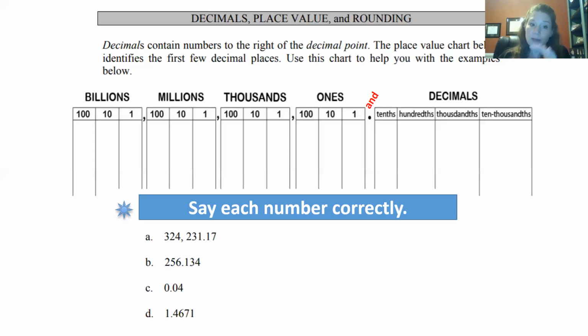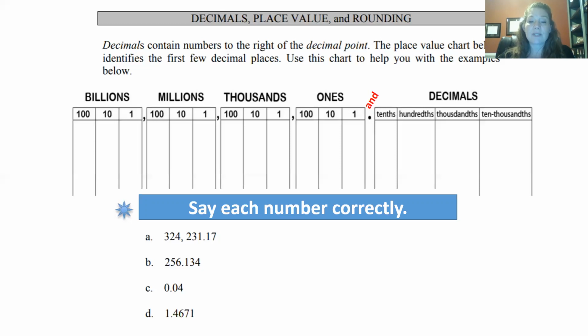I was getting a little ahead of myself, because the next part of the exercise wants us to say the whole number correctly. So letter A, first of all, the 7 is in the hundredths place. So the last thing out of my mouth has to be the word hundredths. So now I'm going to say the whole number for letter A. It's 324,231 and 17 hundredths.